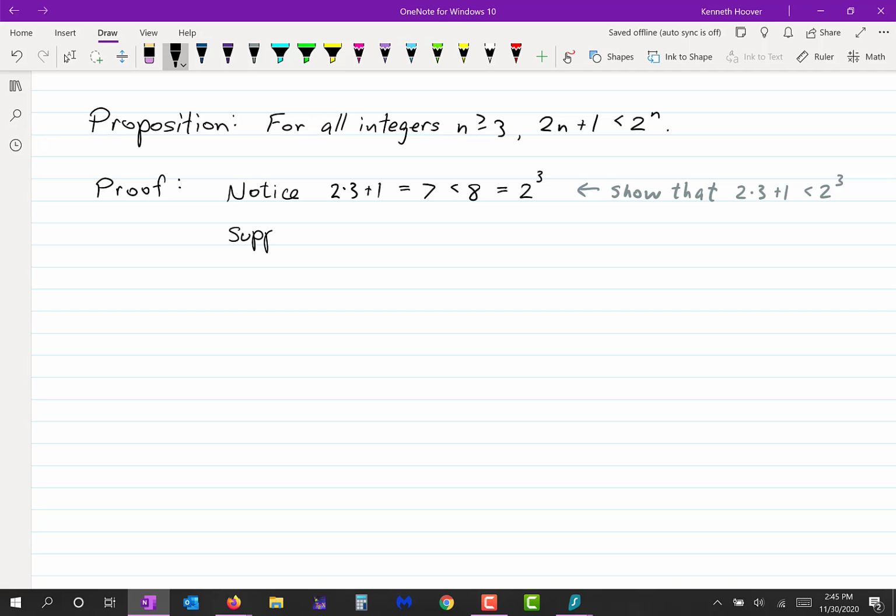Suppose 2k plus 1 is less than 2 to the k for some integer k equal to or greater than 3.